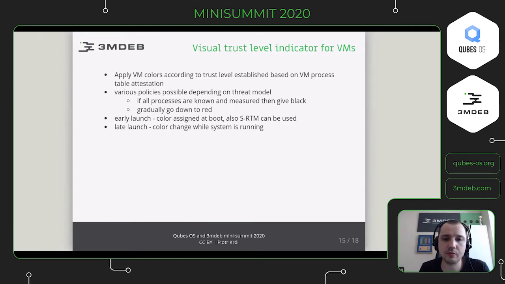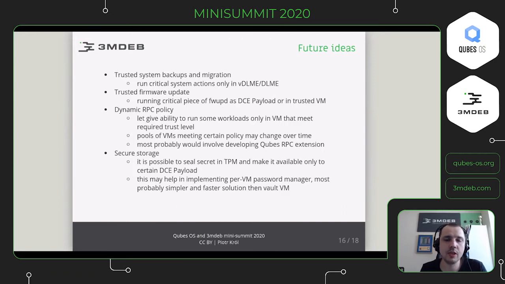For example, we use a Qubes OS laptop for some time, but we left the laptop for whatever reason, or we just did an S3 sleep, and then when we get back there should be a run of D-RTM across all VMs, and we should check if the integrity of those VMs didn't change, or at least it should be indicated to the user by the correct color. So this is one idea. What other ideas can we have here?